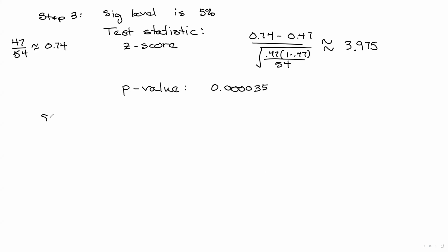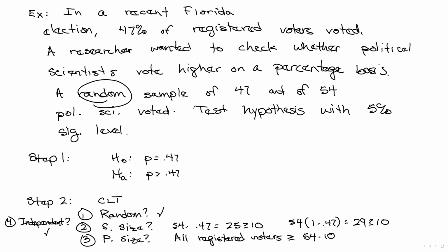All right, and then step 4. I've said it a bunch of times, but I want to make sure that you're getting it because this is an important part of it. What that's saying is the probability that you'd go through and talk to 54 political scientists, and 47 of them would say that they voted when the actual percentage of them that voted was 47%.